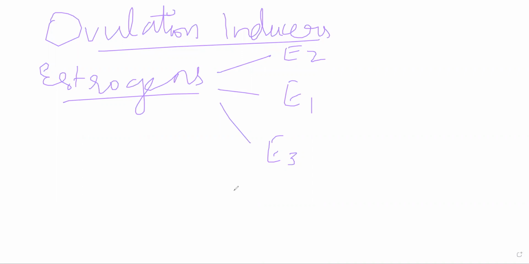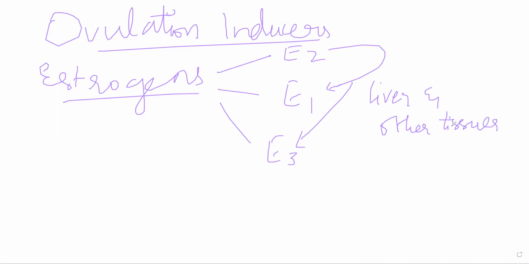ठीक है. Estradiol can be converted into E1 and E3. ठीक है. This conversion occurs through liver and some other tissue. ठीक है. Some tissues in your body as well as liver have the capability of converting estradiol into estrone and estriol. ठीक है. These are natural estrogens.